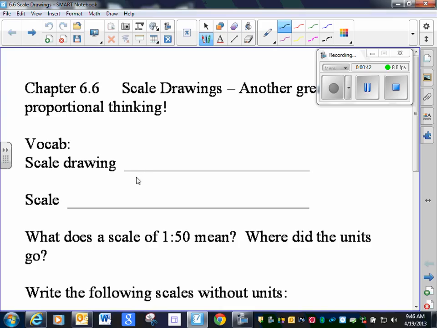So a scale drawing, as you can see on page 312, is a two-dimensional drawing, meaning it's got a length and a width.